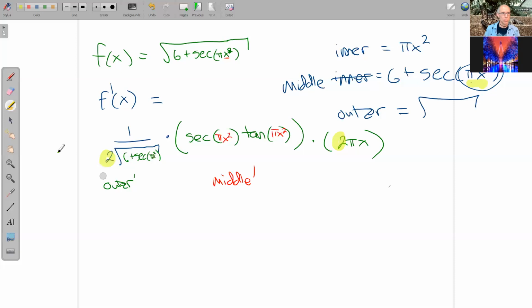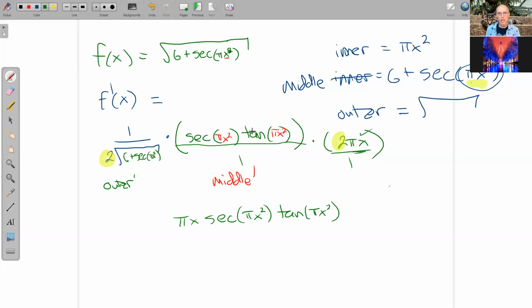Otherwise, I don't really see too much to do. So I'm going to take the pi x and write that out front. And then that's times the secant of pi x squared times the tangent of pi x squared.